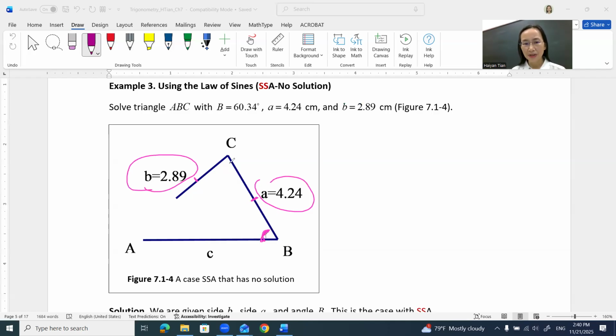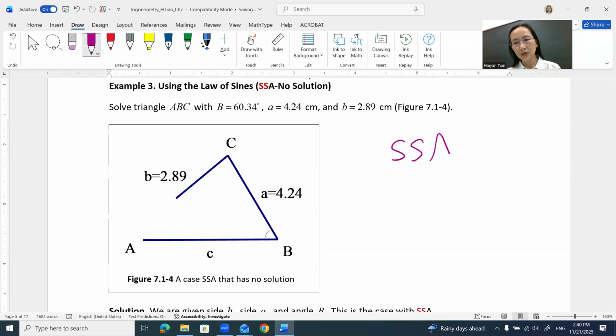So it's impossible because this will not be a reasonable length to generate an angle A. So we just saw one situation, which is a side angle. And we're given side angle, but there's no solution for this problem.